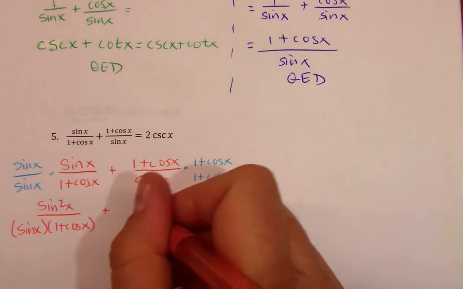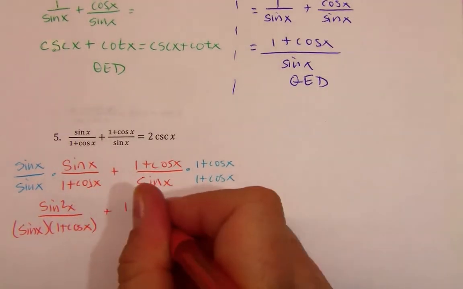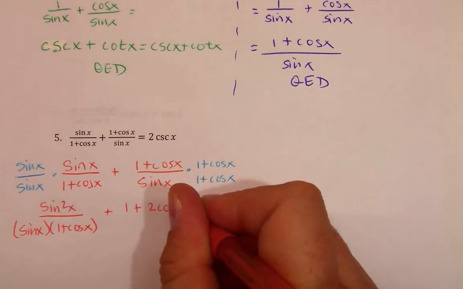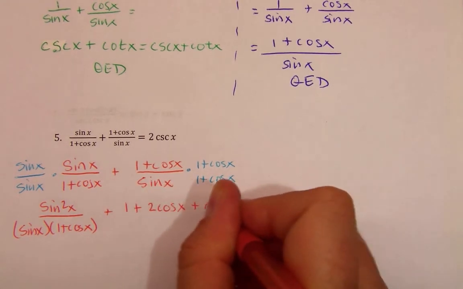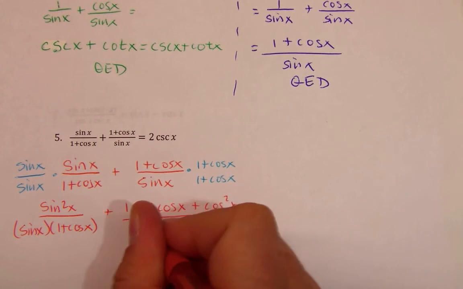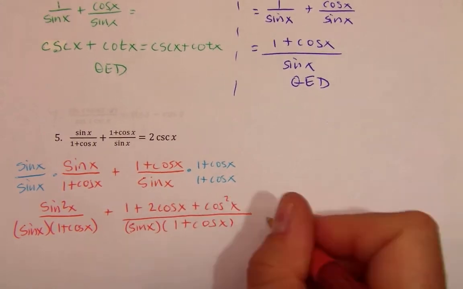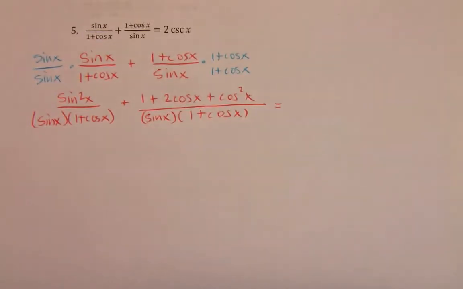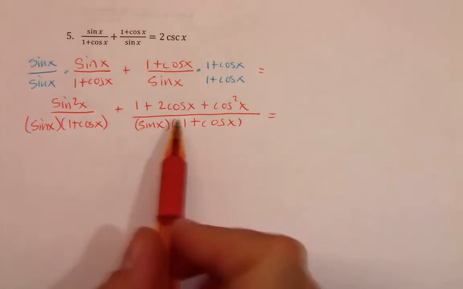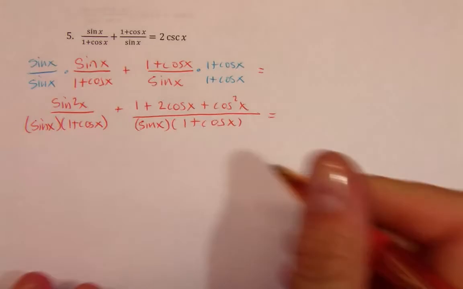Plus, if I FOIL this out, I have 1 plus 2 cosine x plus cosine squared x over sine x, 1 plus cosine x. And I've still just been using that common denominator. And now that I have a common denominator, I can group things together.